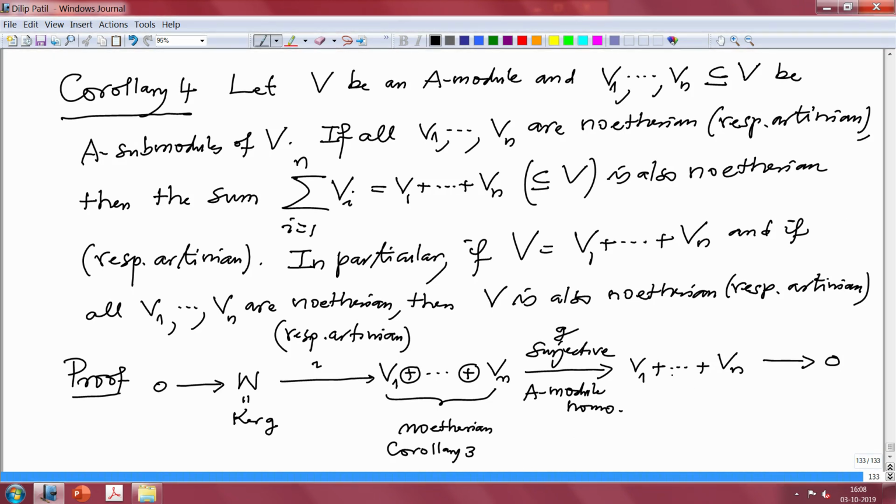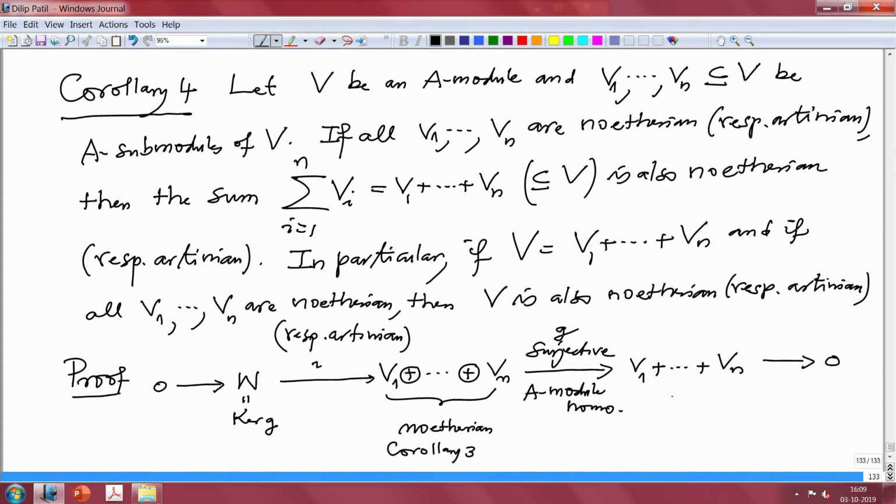And the very first lemma says that if your module is Noetherian, then the quotient module is also Noetherian. Here W is a submodule of a Noetherian module, therefore W is Noetherian.